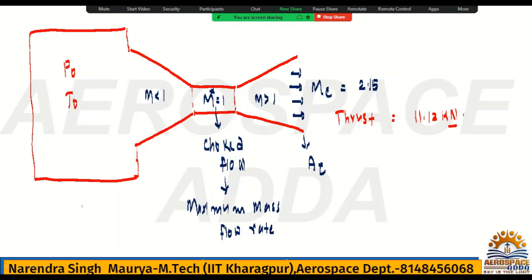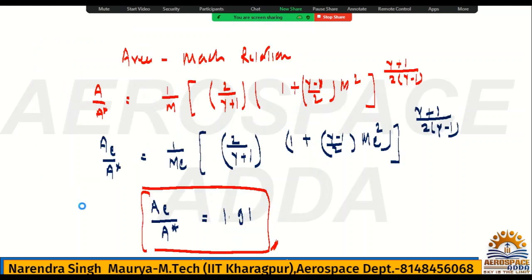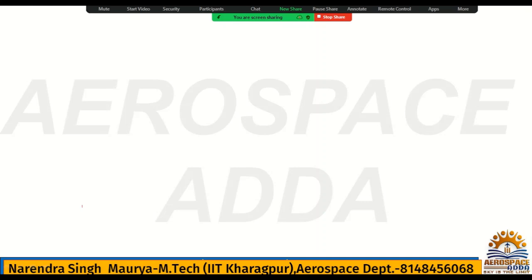We saw the maximum mass flow rate from the CD nozzle in terms of reservoir conditions. If you use that formula, you can get the throat area, and once you get throat area, you can get exit area. Otherwise, you calculate exit area, then throat area, because you have the ratio. So both ways we can go.